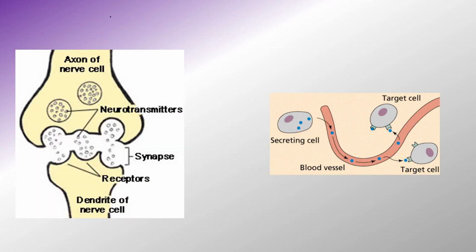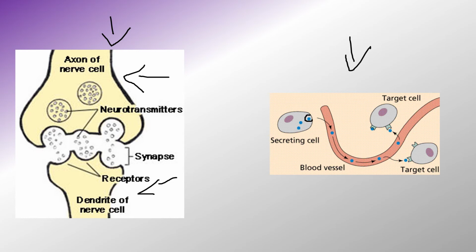So here on this side we have neurotransmitters. These are the two ends of the nerve: we have the axon and the dendrite. Neurotransmitters are released through the axon to the dendrite of the other cell, and these are the chemicals here that are being released. In terms of hormones, cells secrete these little blue dots here.